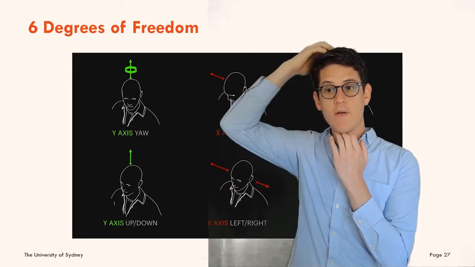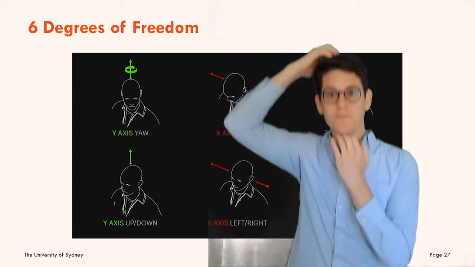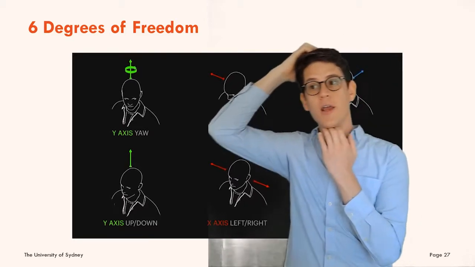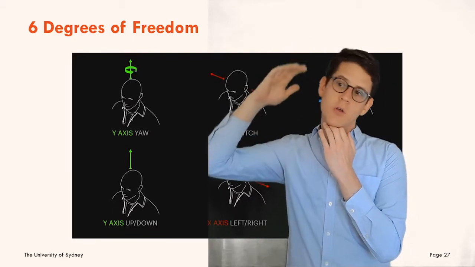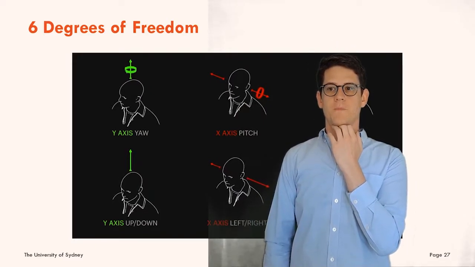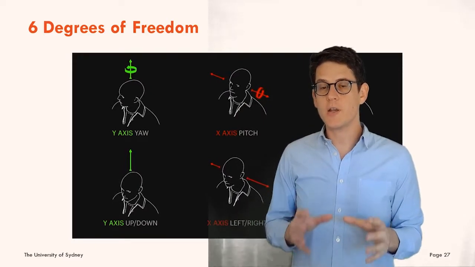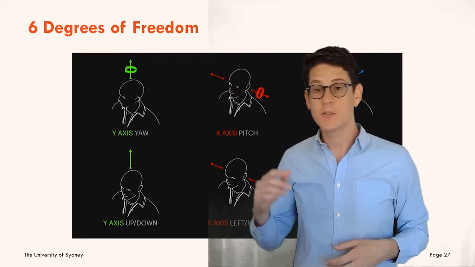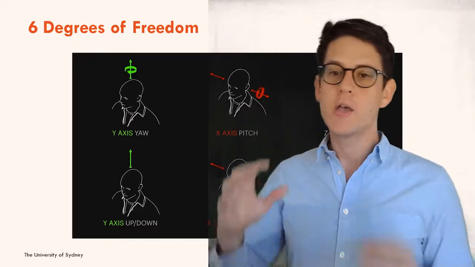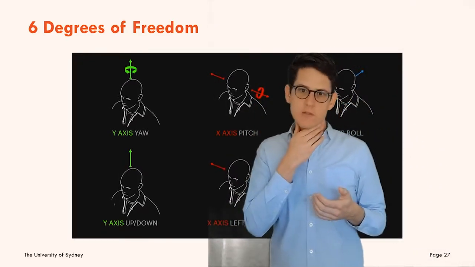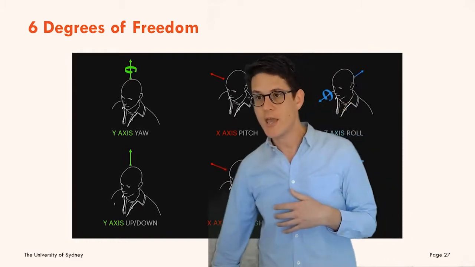But we can also pitch our head forward and back, up and down, and we can roll side to side. These 6 degrees of freedom are necessary for a virtual display that allows us to move around an environment, so that our head can be tracked and the display modified based on these different degrees of movement.